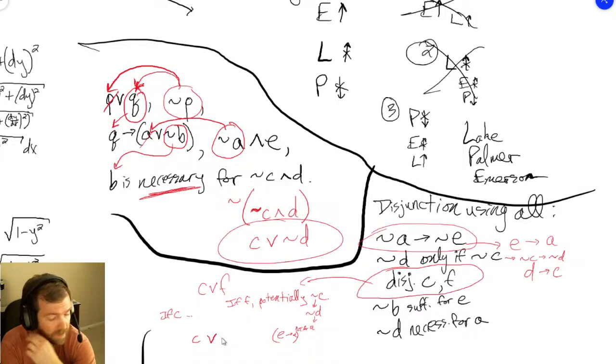So, yeah, sufficient, you're right. Implies E. So not E implies B. Don't necessarily need it, but, you know.